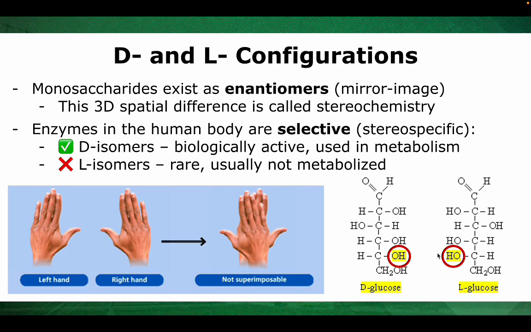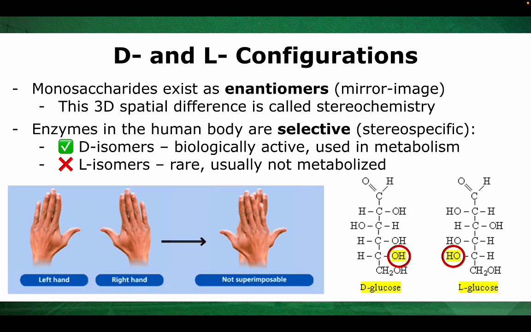If the hydroxyl group of the farthest carbon atom is on the left side, that is an L-glucose. L for left. So even though these forms are mirror images, that small difference in 3D shape can decide whether a sugar is useful or something our body can't use at all.